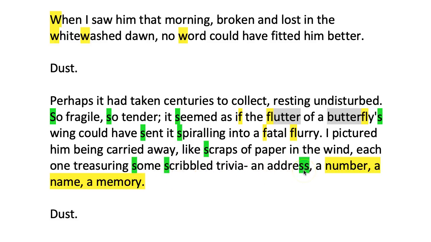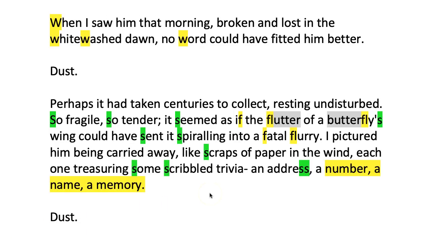Again, this conveys perfectly that sense of longing and loss. And that's achieved by alliterating soft sounds. So we've had the S's, we've had the W, and F again is a soft sound here. The flutter of a butterfly's wing. Fatal flurry. Again, soft sounds.